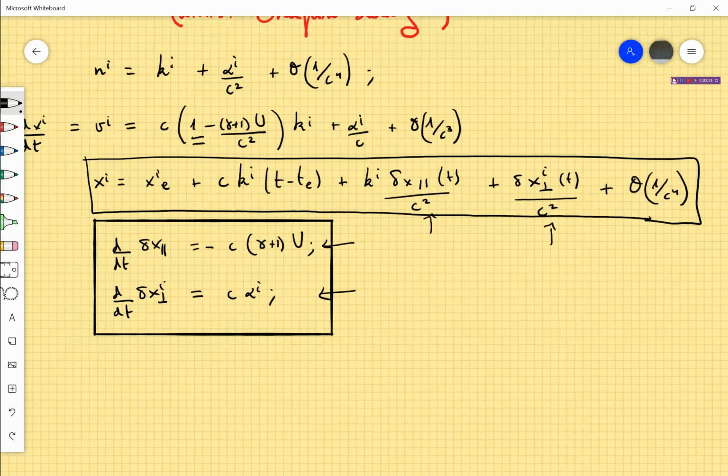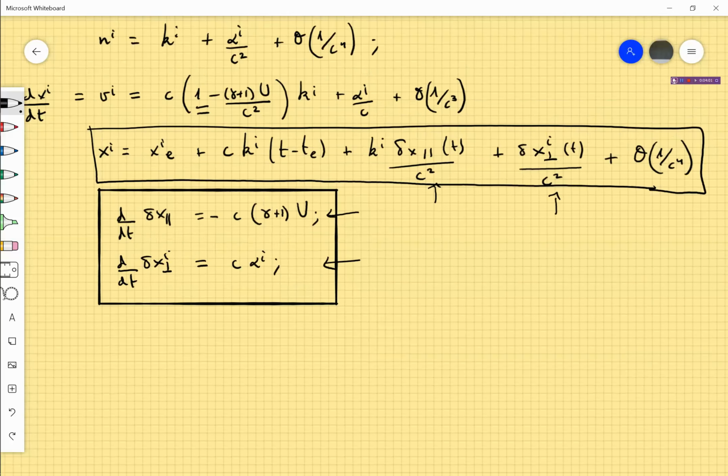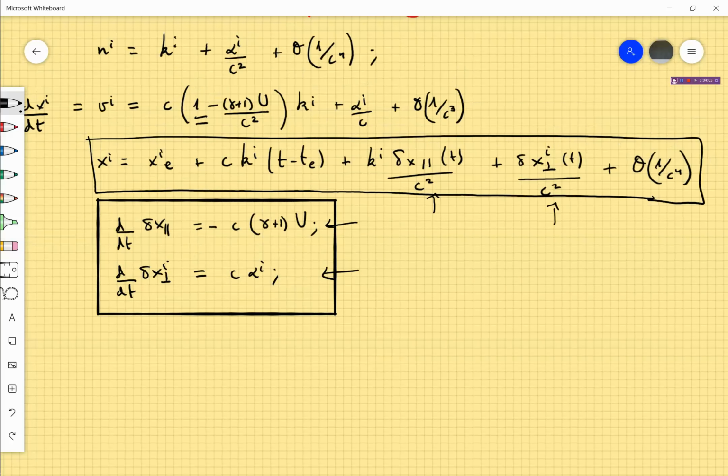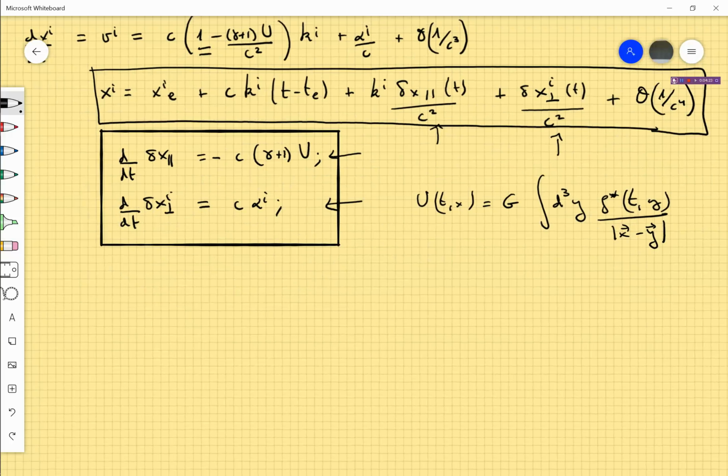Here we are interested in computing just the longitudinal displacement, and since we know the general form of u, remember that u of t and x was given by G and the integral over y of rho star of t, y divided by the absolute value of x minus y, we just have to put this here and try to solve it.